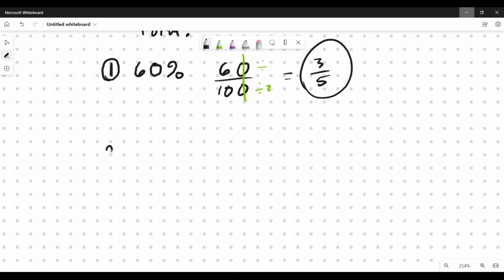Number 2. 12.5%. So what did that mean? 12.5. Why do we care about that?